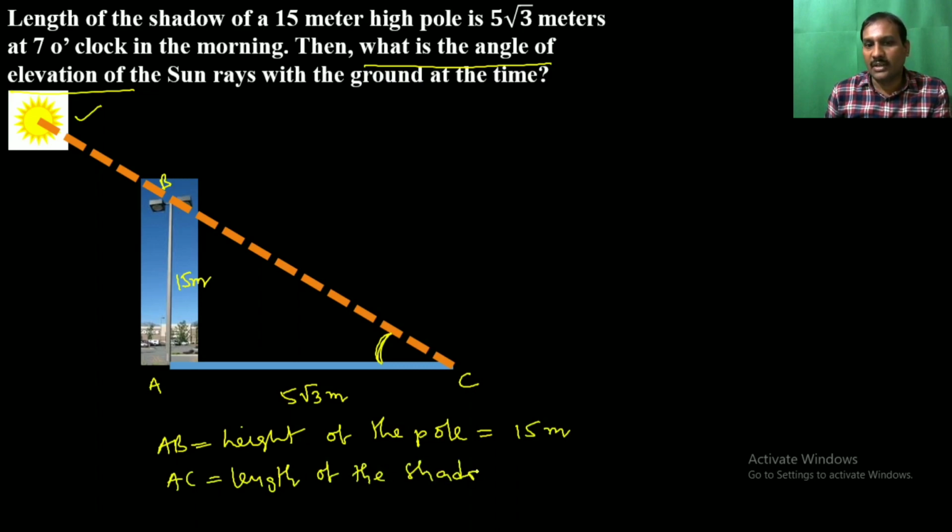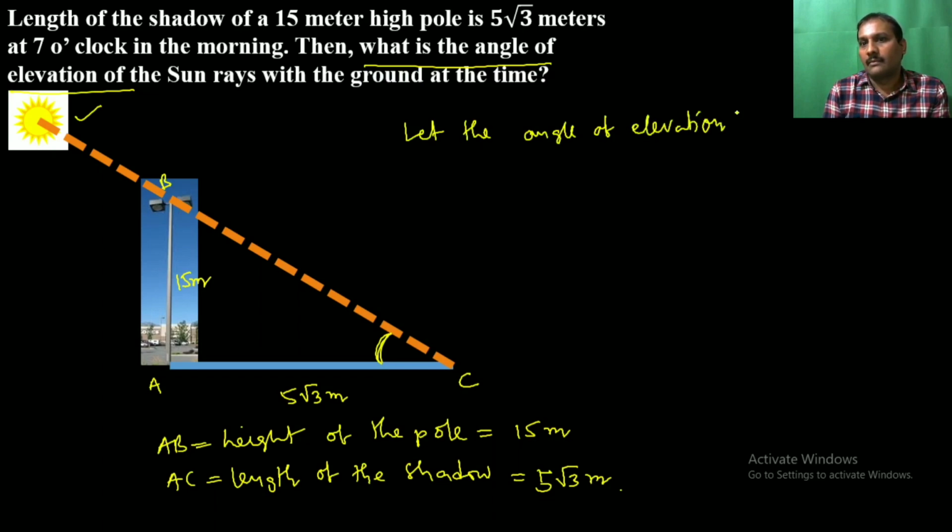That is also given. That is 5 root 3 meters. Now let the angle of elevation be equal to angle BCA, or you can say simply angle C is equal to some theta.